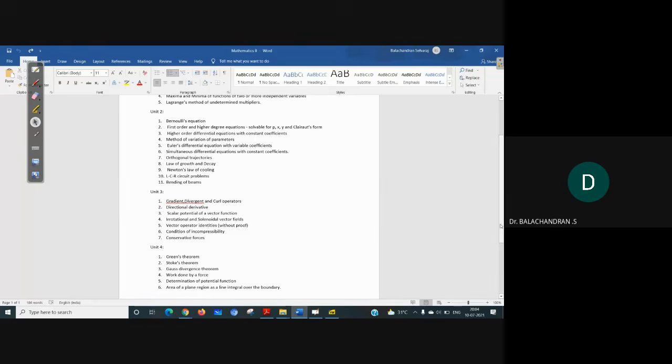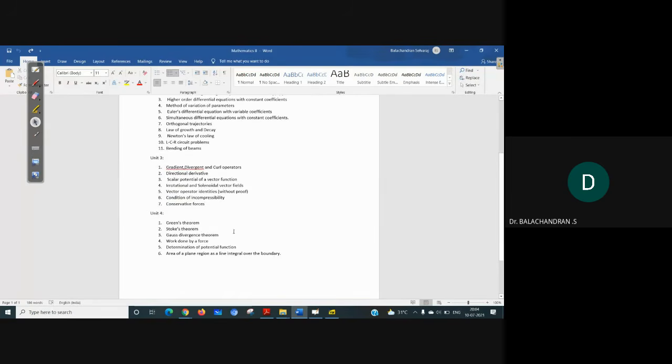The last unit again has Green's theorem, Stokes theorem, Gauss divergence theorem, and work done by the force. We solved some problems on work done by the force and determination of potential function or velocity potential. I think in the third CA and second CA there is one question where they ask for velocity potential.